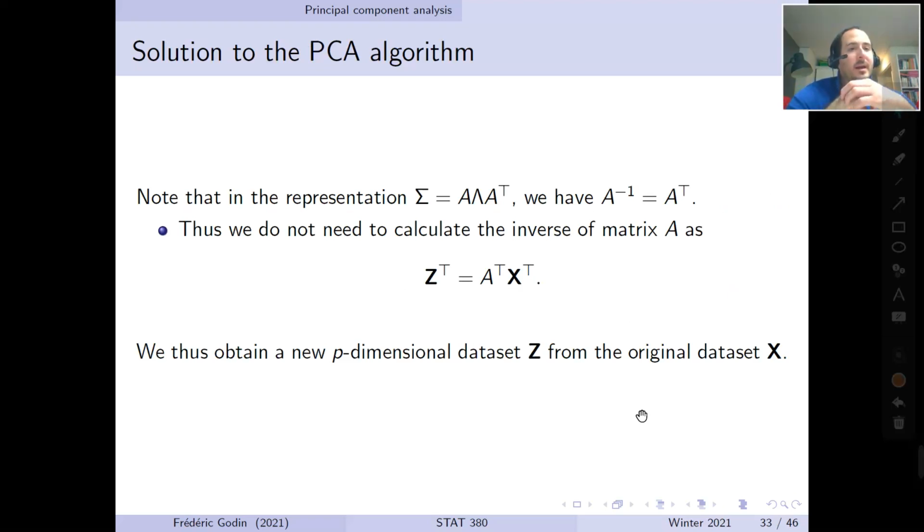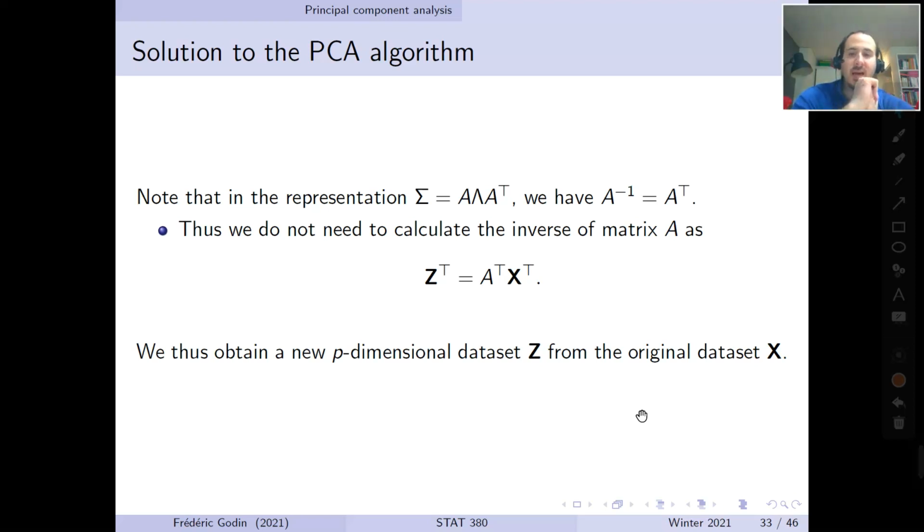Okay, so what we're doing here is taking our original data set X and transforming it into a new data set of the new coordinates Z. So we take an original data set of dimension P and we transform it into a new data set of dimension P, which is the Z's.